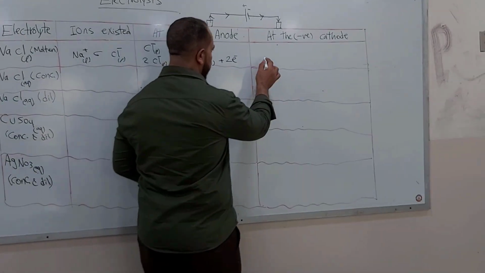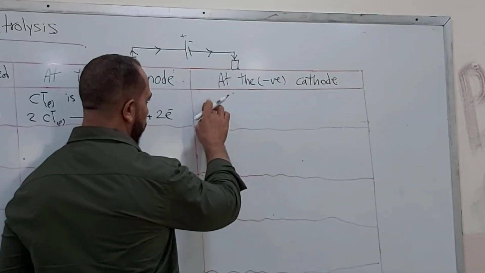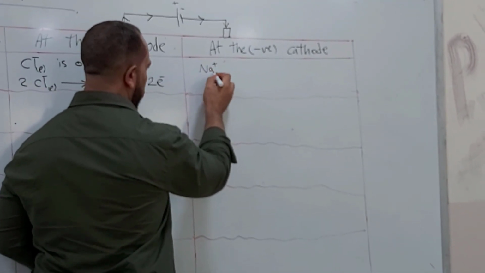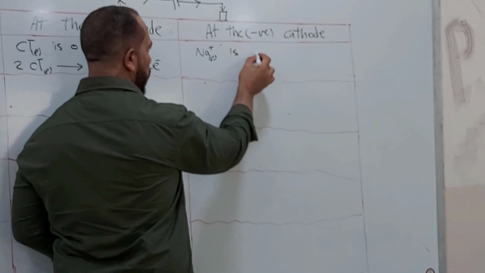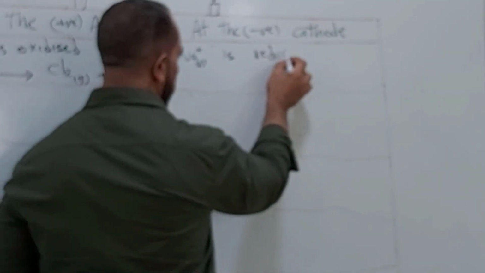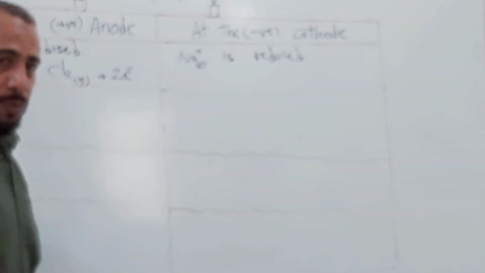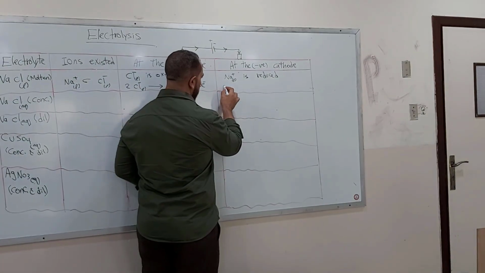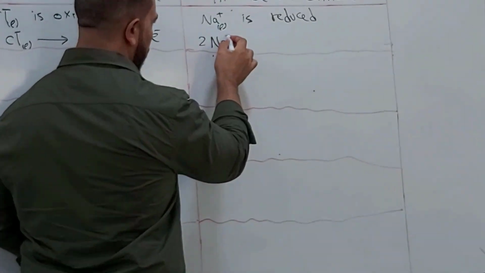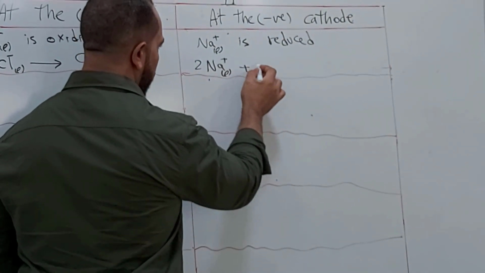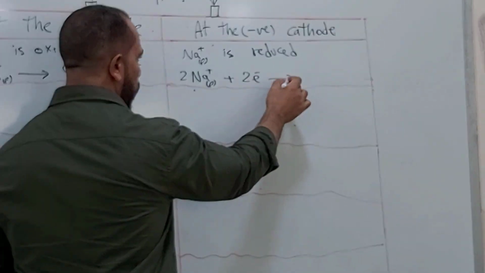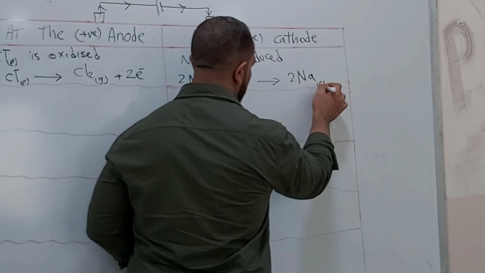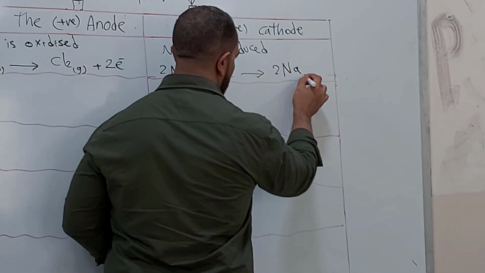First of all, Na plus liquid is reduced at the cathode. The half equation is 2Na plus plus 2 electrons to produce 2Na. It's liquid first, and then it's going to be solid.